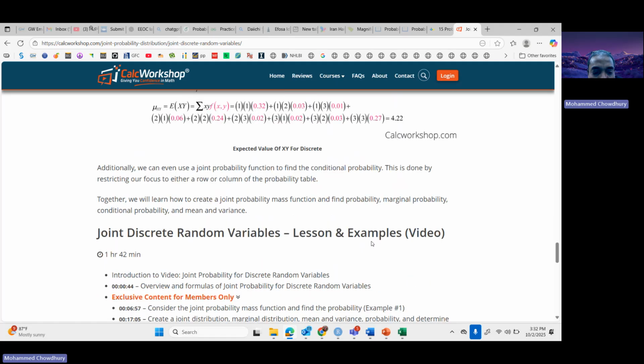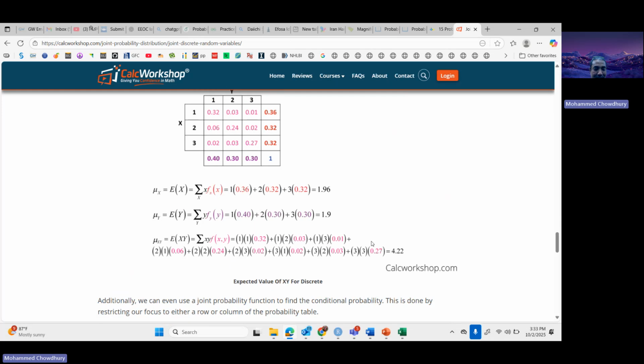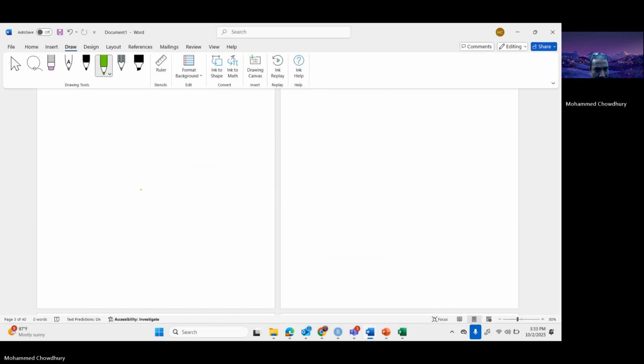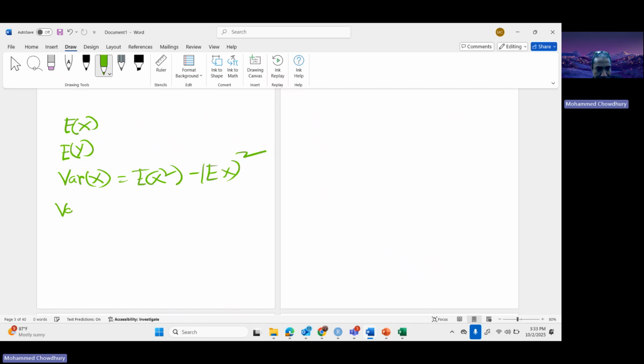You remember when I solved this problem, what did I do? I gave you this type of problem. I asked you to find the expected value of x, then the expected value of y, then the variance of x, which you found by applying this, and the variance of y.